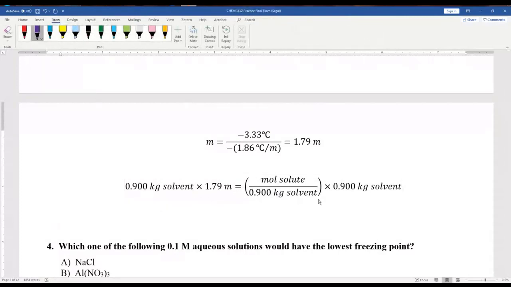Multiply both sides. That means my kilograms of solvent is going to cancel out. Actually, the 0.9 will cancel out as well. And then I'm going to get molality times kilograms of solvent is equal to moles of solute. And that's going to give me what?